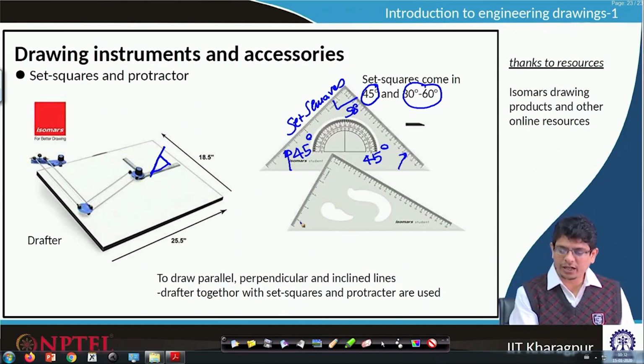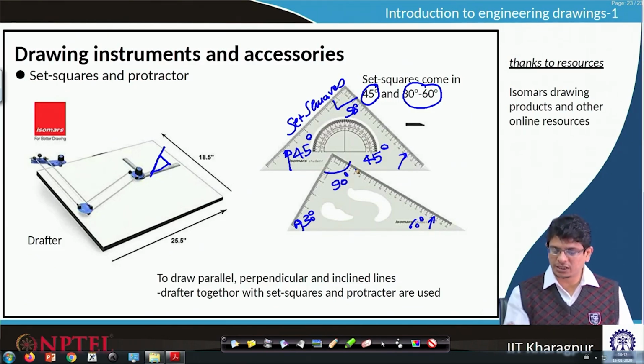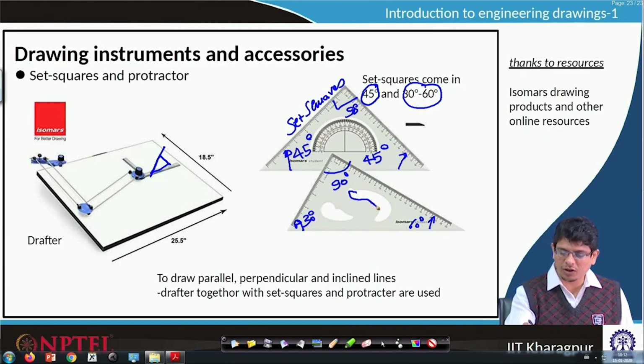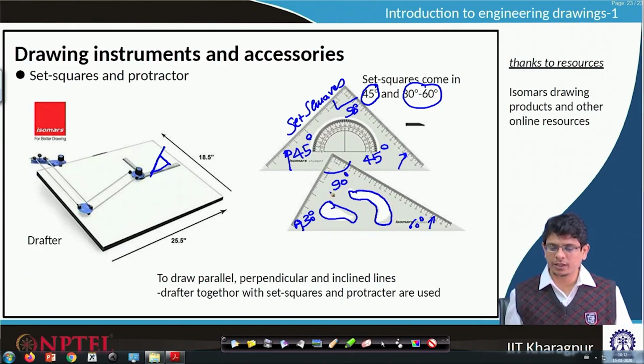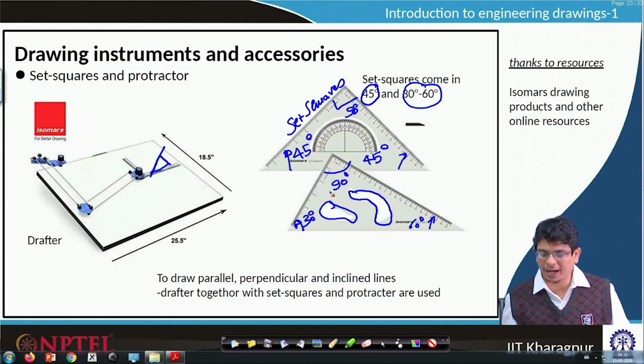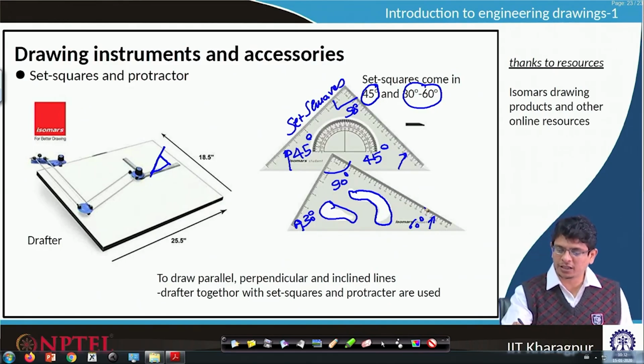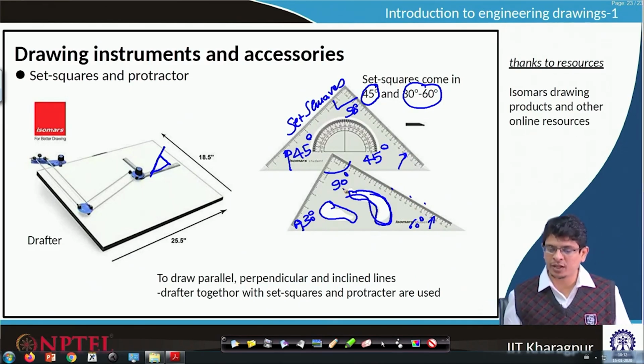The other set square comes with 30 degrees on this side and 60 degrees on this side. The remaining angle is 90 degrees. Some of the set squares consist of this kind of complicated curve patterns also. Usually these are acrylic plastics, so they are transparent, and one can note the scale and put the lines along these slots also.